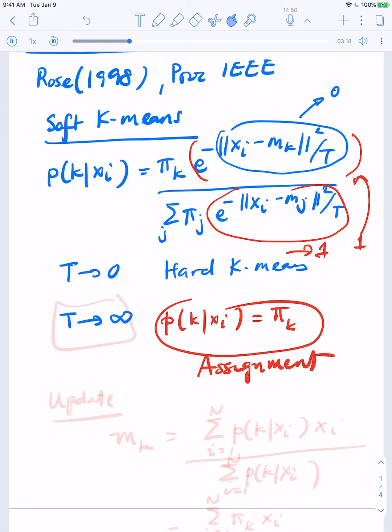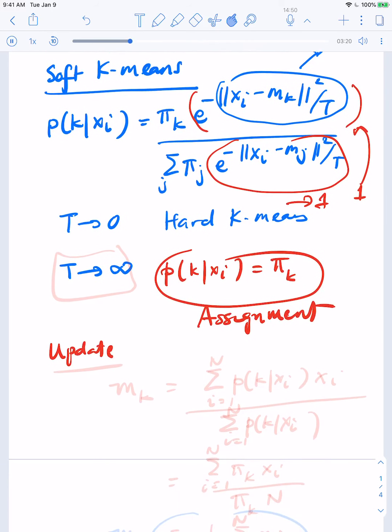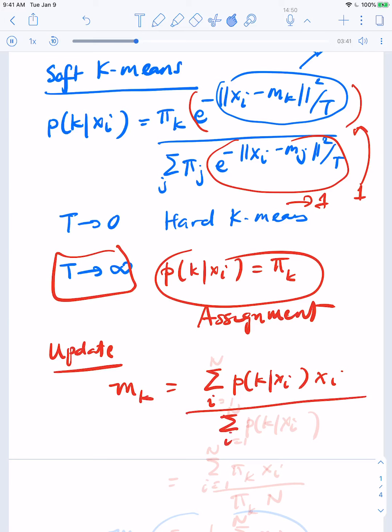What happens to the update as the temperature goes to infinity? Your mk, what was that? That was the summation over i of p(k | xi) xi, over the summation over i of p(k | xi), with i equals 1 to capital N in both.